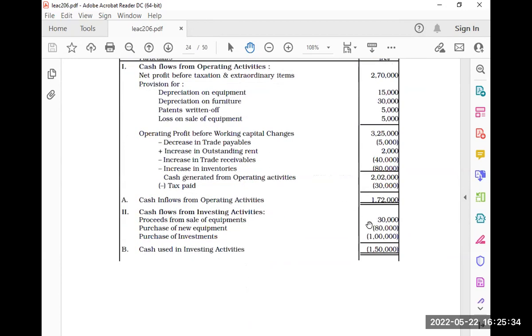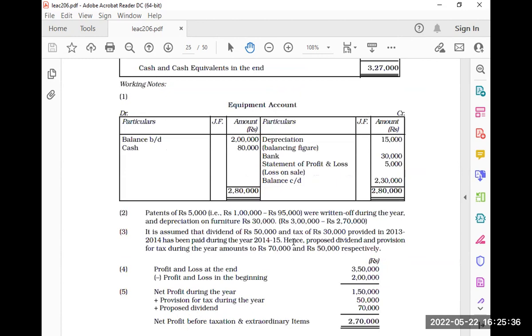So that should be the purchase of equipment. But is there any other adjustment in equipment? Look at this equipment account we prepared to avoid that confusion. Opening balance was 2 lakh, written here. Closing balance is 2 lakh 30, written here. The depreciation is written there, 15,000. Loss on sale of equipment was there.